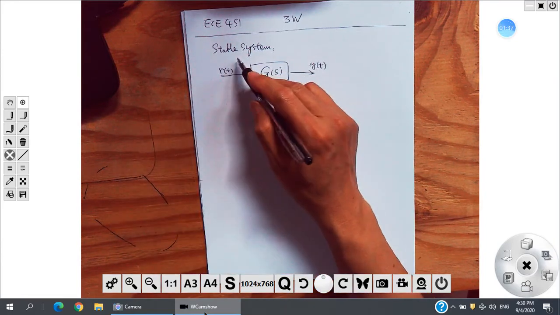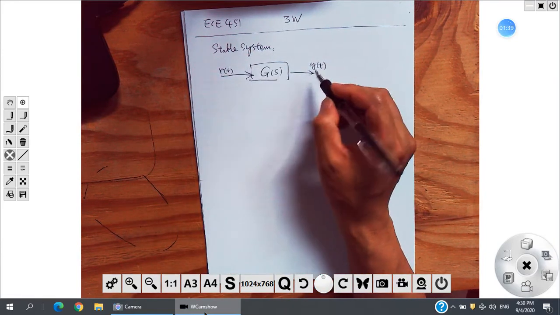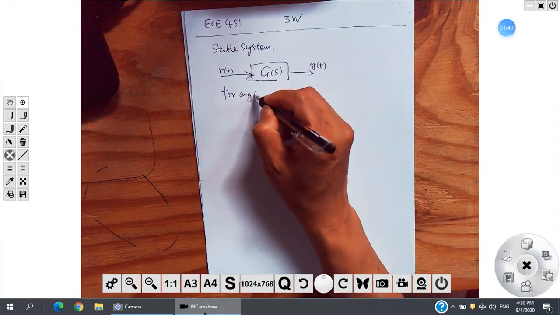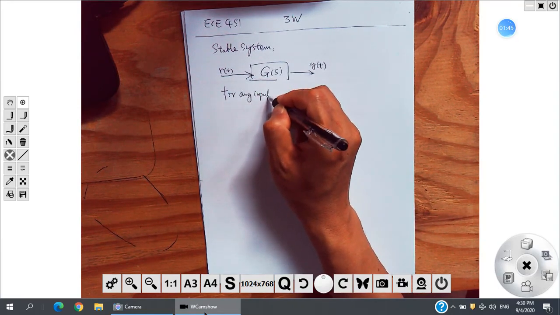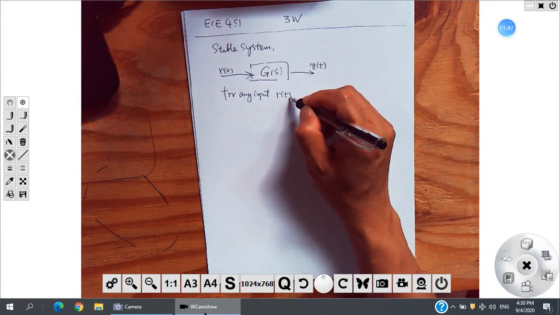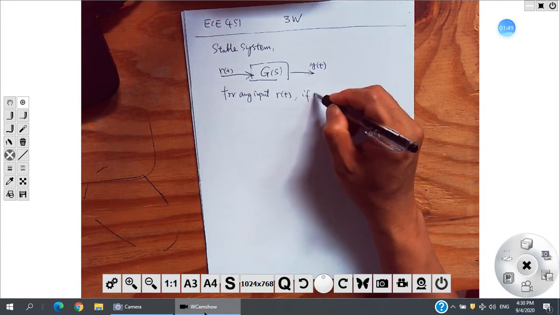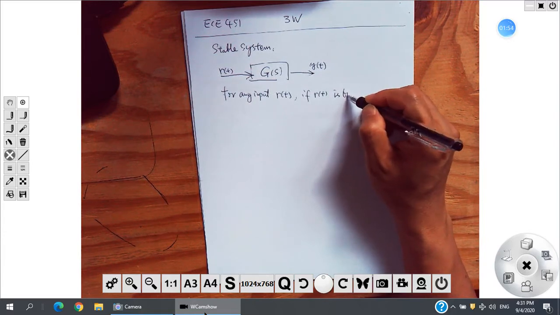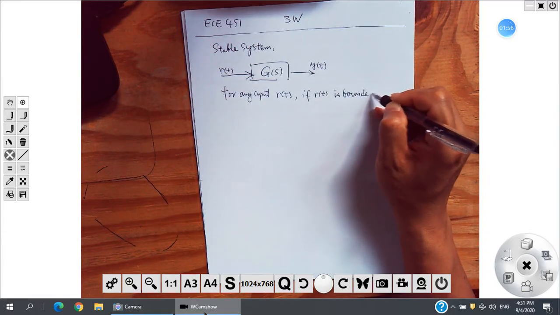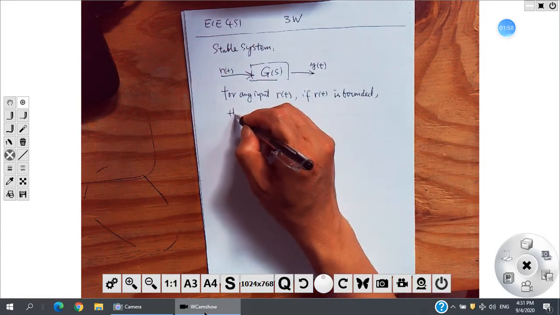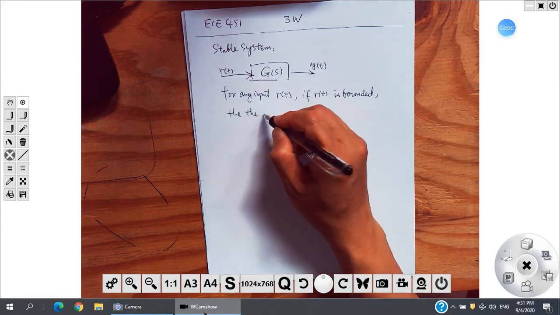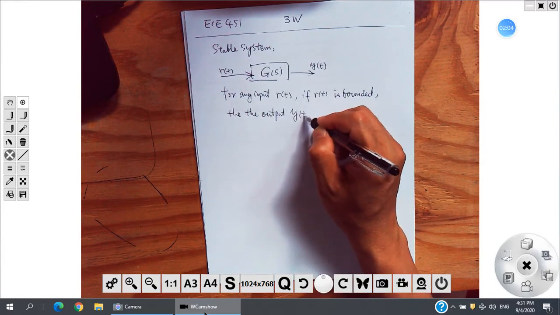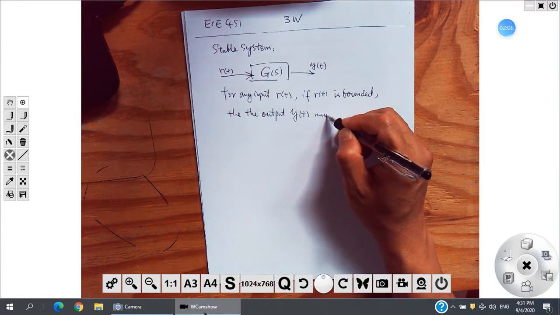So a stable system is a system that looks like this: for any input r of t, if r of t is bounded, then the output y of t must be bounded.